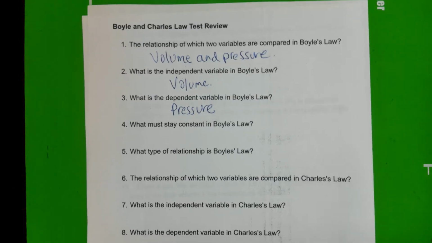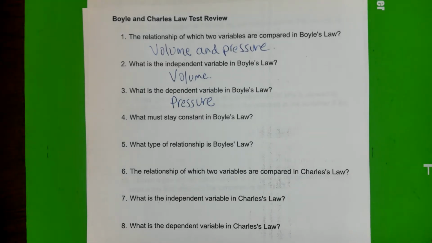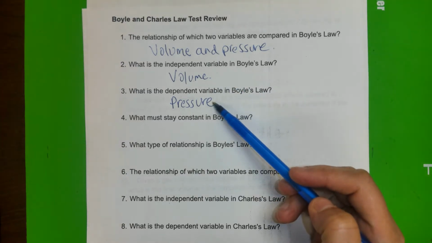What must stay constant? The only things that would be changing, through experimentation or calculations, will be only the volume and the pressure. There are two things that need to stay the same.